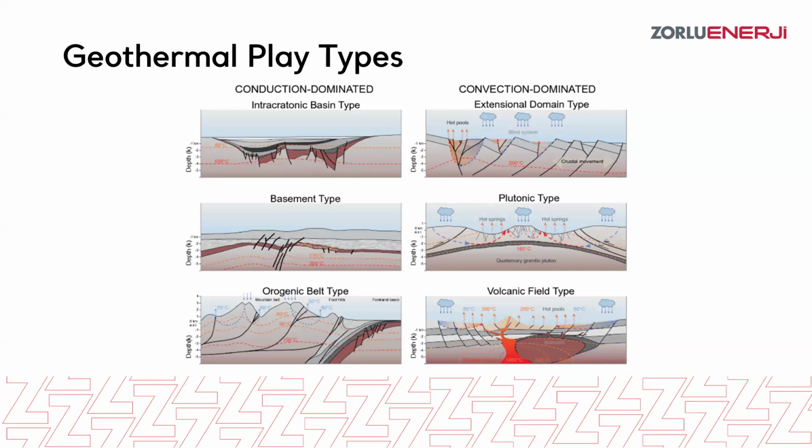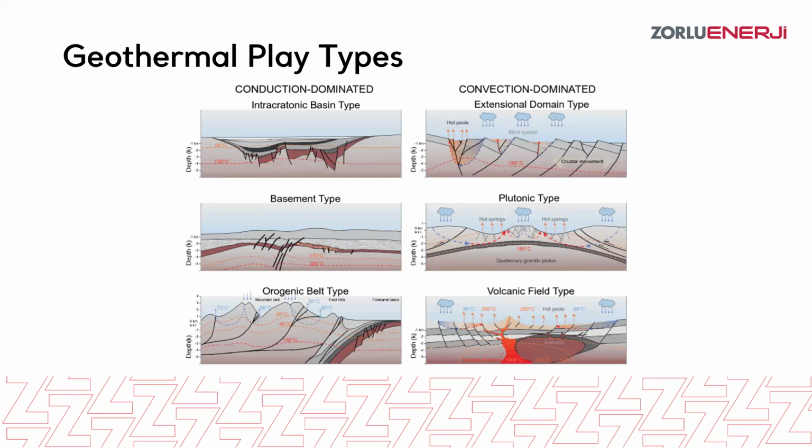In this domain type, basically our heat source is able to come to the surface by the paths that are created by the extensional structures in the field or the region. And the second one is the plutonic and volcanic field type.